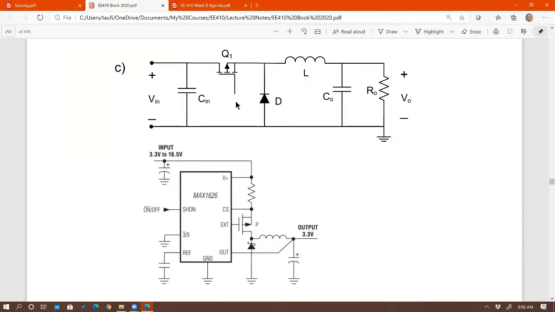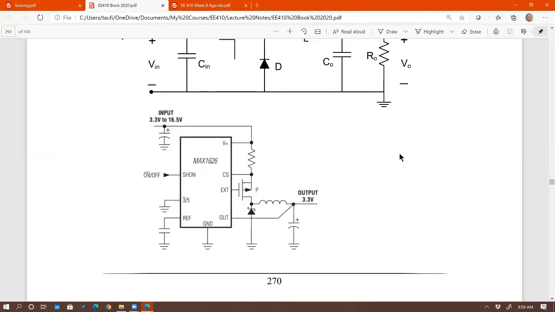Even though using a PFET is the simpler way of building a buck converter, the problem with a PFET is that it is typically more lossy than an NFET. What I mean is that the RDS on of a PFET is typically larger than an NFET. Why? I don't know why. You can ask Dr. Braun why a PFET is more lossy, but that's what I've observed.